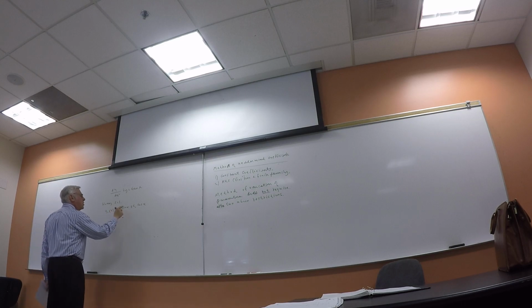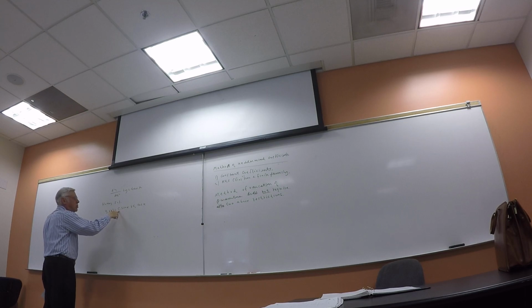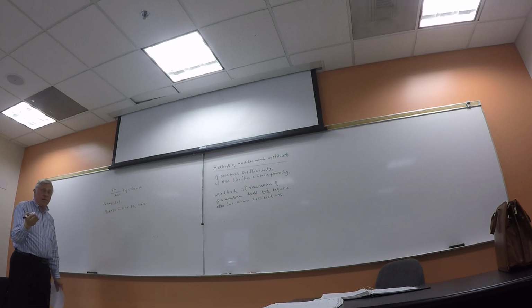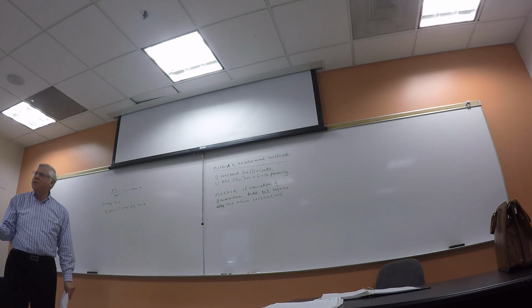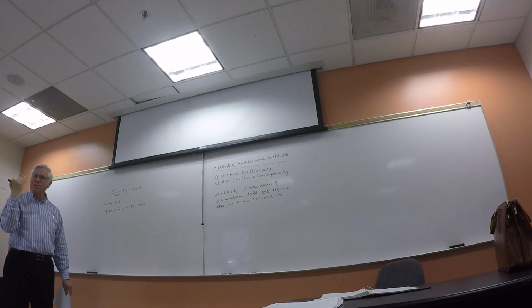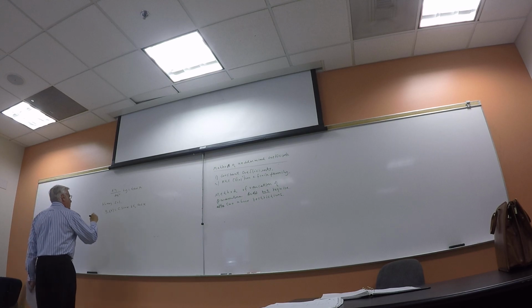I'm going to replace C1 by some function, say u1 of x, and replace C2 by a function u2 of x. And you may rightly say at this point, who says that that's going to lead to anything? I'm going to show you that in this case it does, and that in general it works.